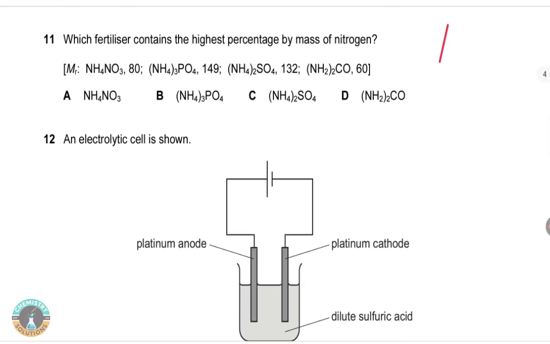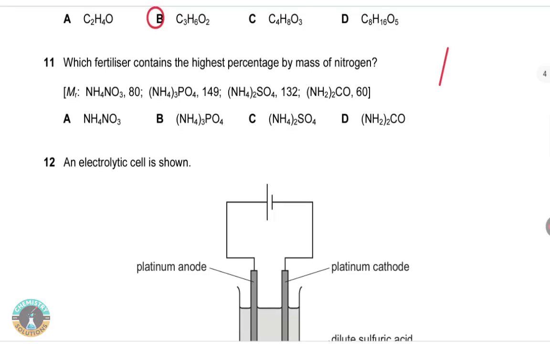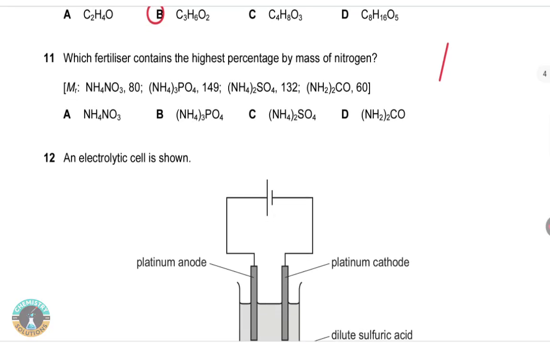Which fertilizer contains the highest percentage by mass of nitrogen? So now we have to calculate the percentage of nitrogen in all the compounds. We will see which compound has the greatest number.